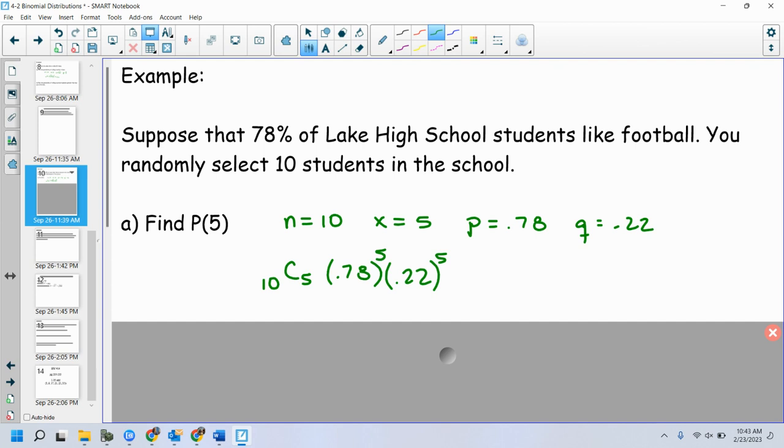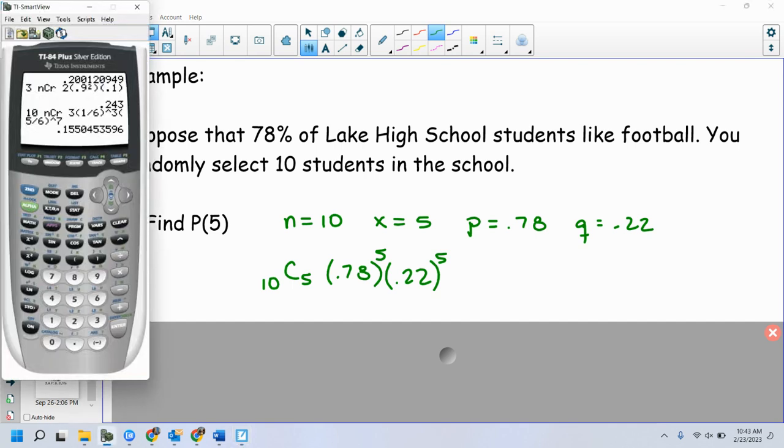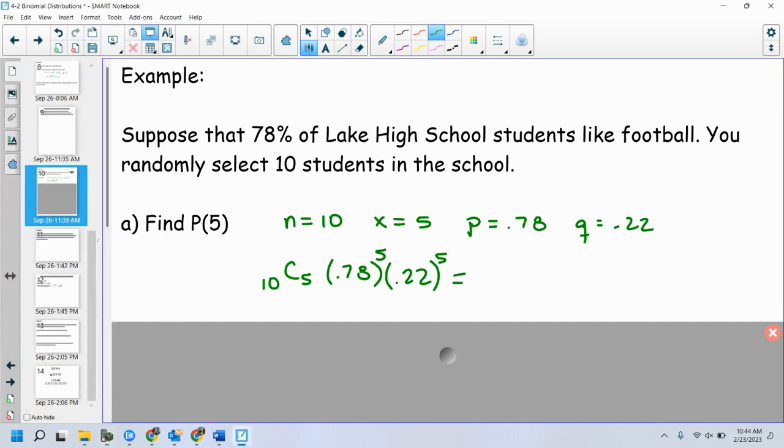Because the number of successes I want is 5, and I've got 10 trials. So 10C5 times 0.78 raised to the 5th times 0.22 raised to the 5th, which gets me 0.037.